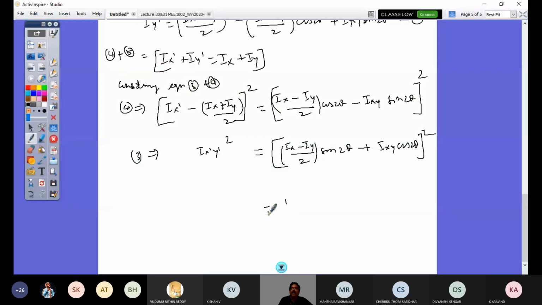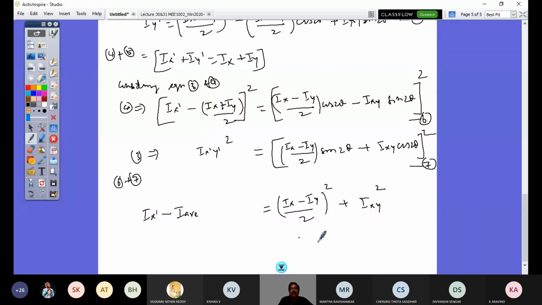Let this equation be equation number 6, and this equation be equation number 7. Adding 6 and 7, I would have this sum. So that would be Ix dash minus (Ix plus Iy)/2, which I would define as I average.